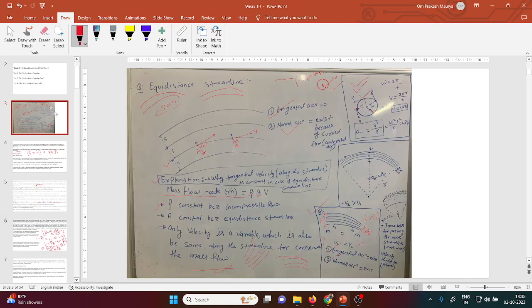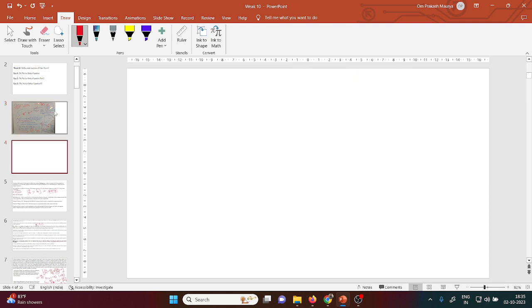Tangential means what? Let me take the tangential acceleration. If I draw this, your tangential acceleration is the velocity along the streamline, right? If the velocity is varying along the streamline, let's say here v1, here v2, here v3, then there is tangential acceleration. Normal means that if the streamline is curved, then normal acceleration is acting on it.